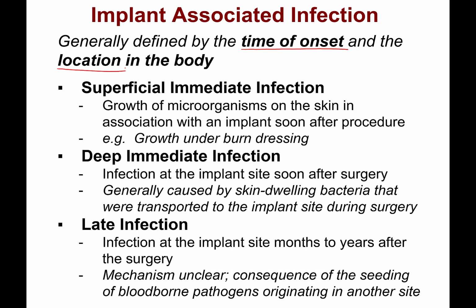So an example of this would be growth under a burn dressing. It could also be on anything percutaneous, like a percutaneous device, such as a hemodialysis catheter, for example, or if you had percutaneous pins in place for fracture fixation, for example. If you have an external fixator, if you've ever seen one of those.